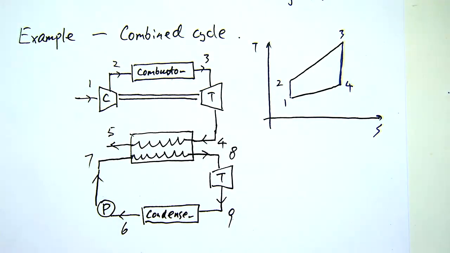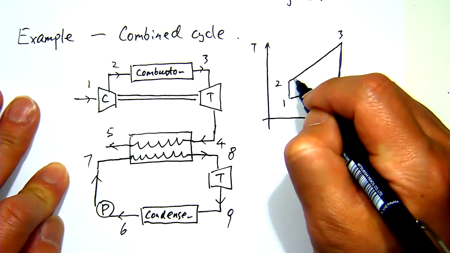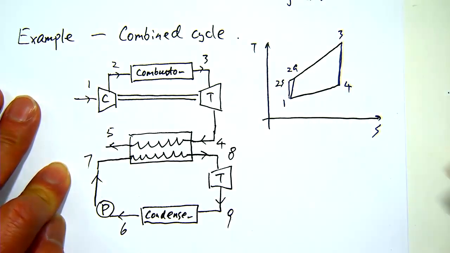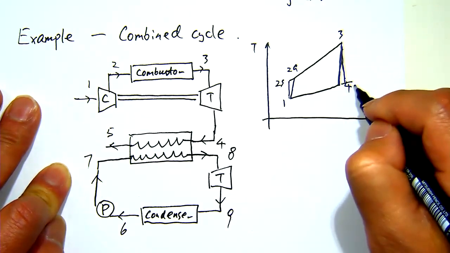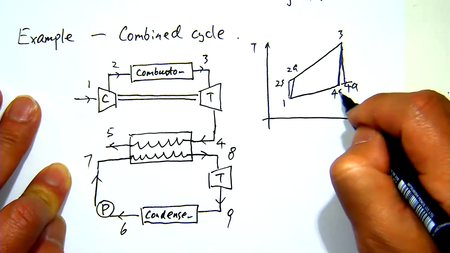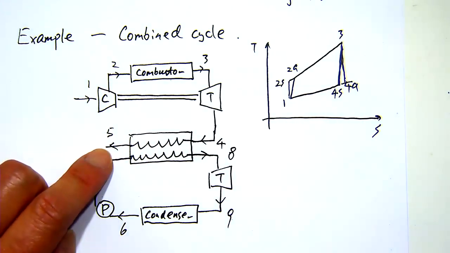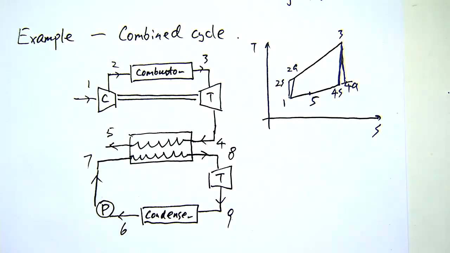Except now we need to consider that the compressor and the gas turbine, none of them are 100% efficient. So we need to consider that isentropic efficiency. So that will be more like this way. So if that's 2S, 2A, that will be 4A and then 4S there. And we have the state which is going through this heat exchanger. We don't know where it is, so just put it as 5 for now.